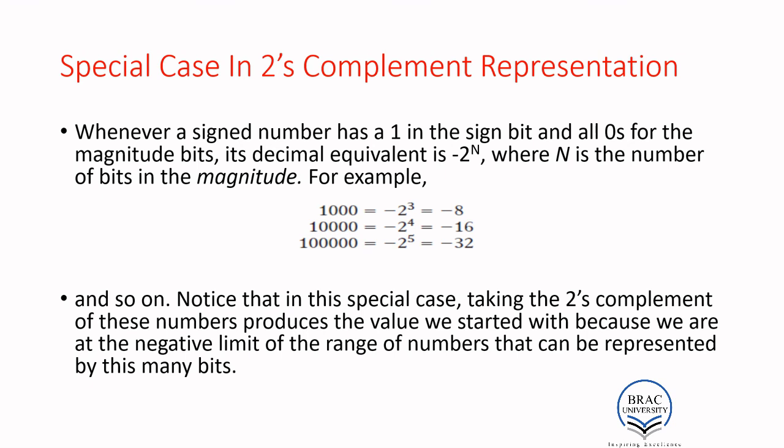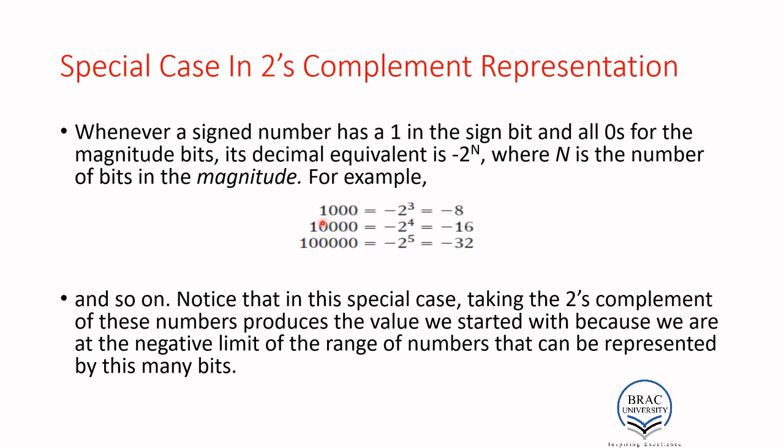So this is the 2's complement representation. Whenever a signed number has 1 in the sign bit and all other bits are 0 for the magnitude bits, the decimal equivalent is minus 2 to the power n, where n is the number of bits in the magnitude.